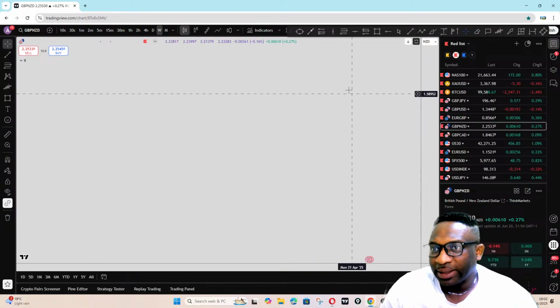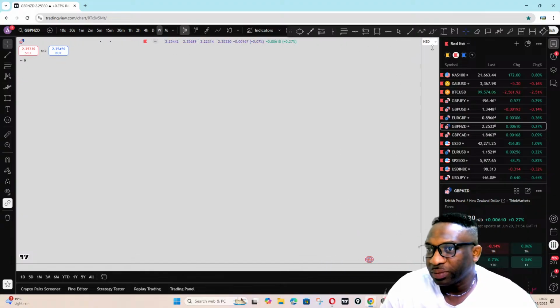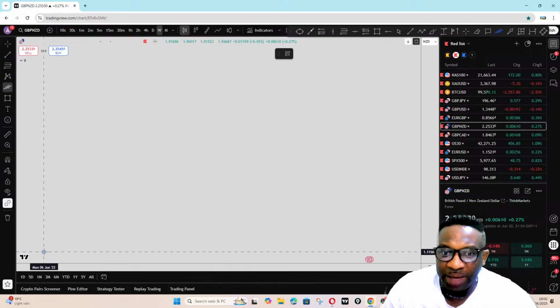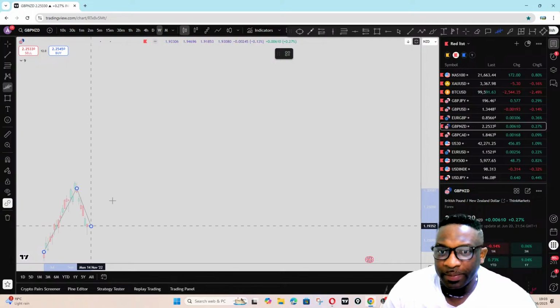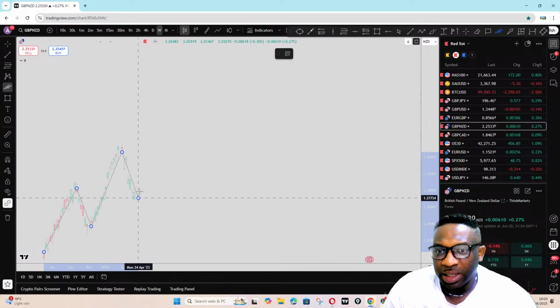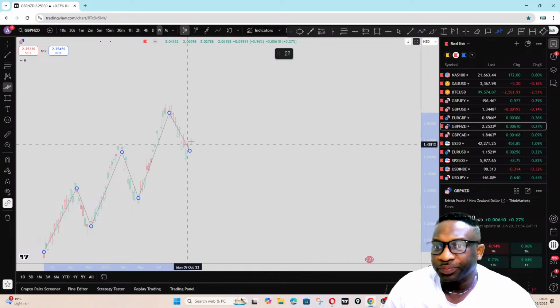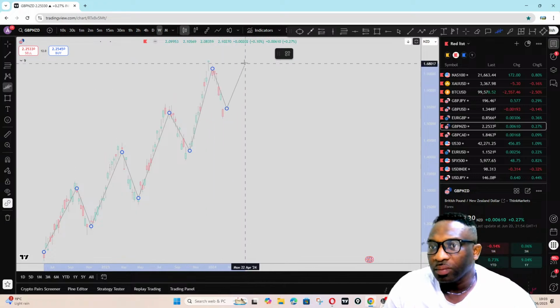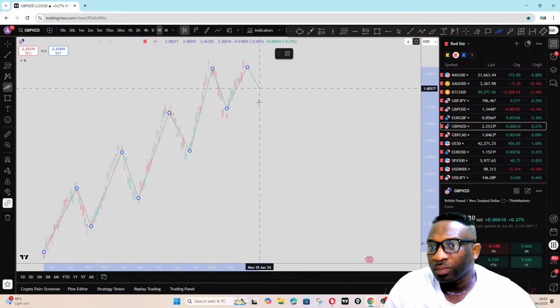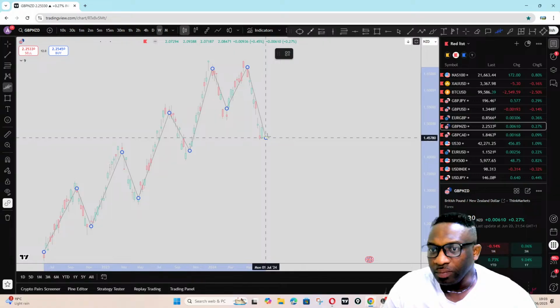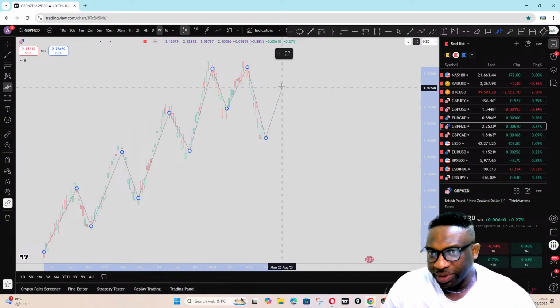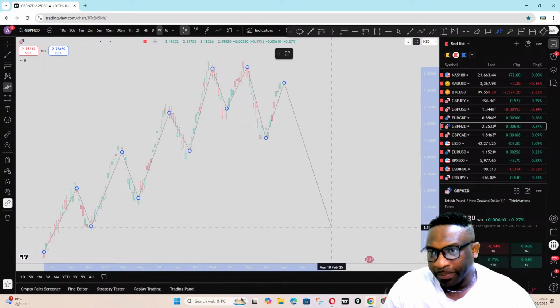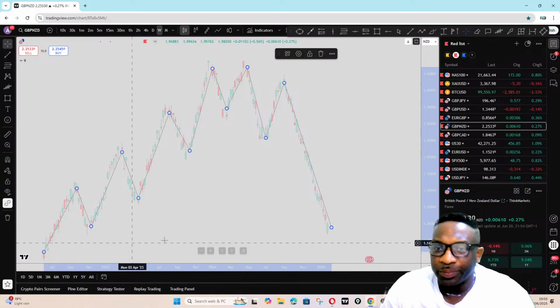So let's say we have an uptrending market, making higher highs, higher lows, higher high, higher lows. This is an illustration using candles.